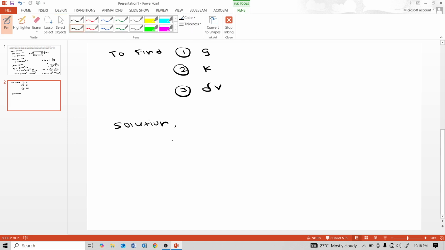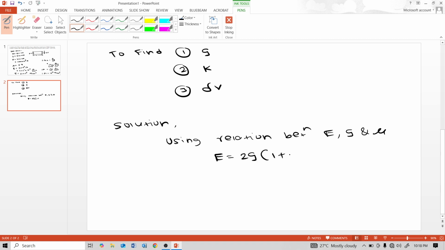Using the relation between E, G and mu, E is equal to 2G in bracket 1 plus Poisson's ratio.